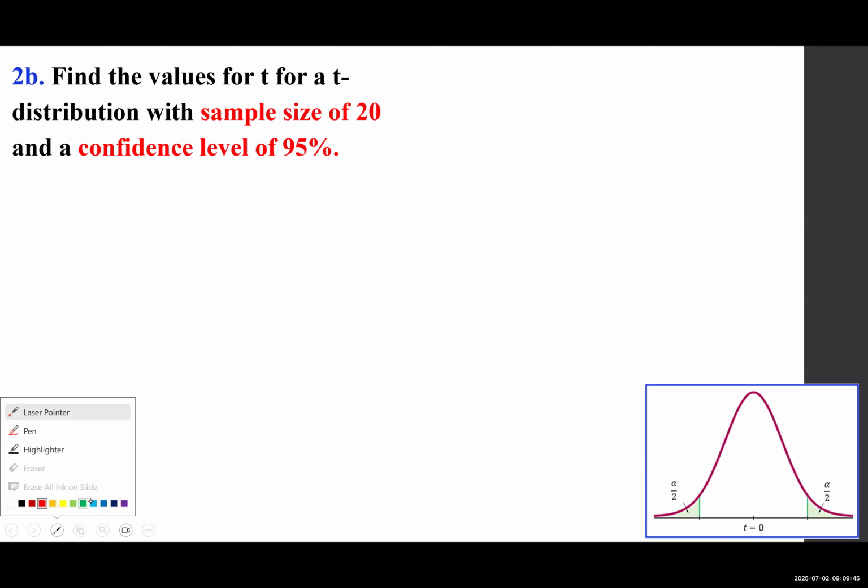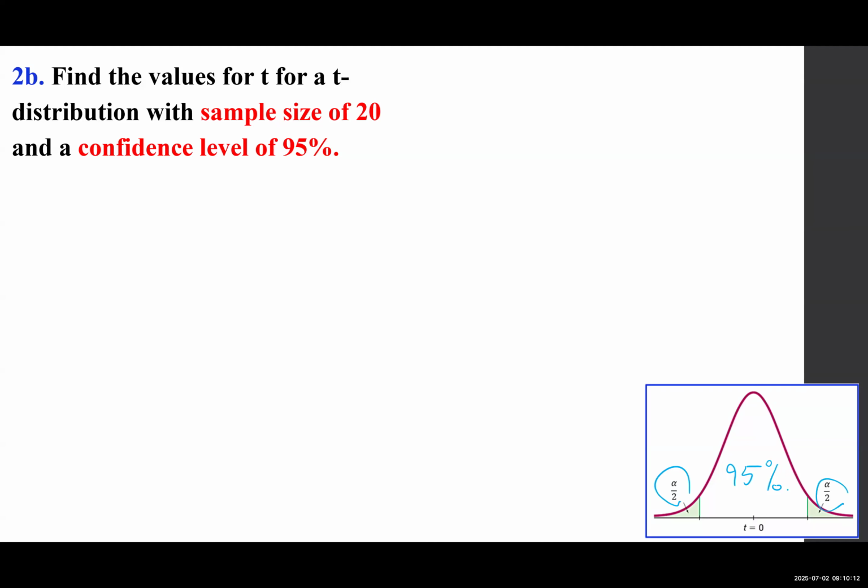A 95% confidence interval means in the middle we have 95%, and the tails add up to the rest. One minus that means 5%, which means each one is 2.5%. That's why they use alpha over 2.